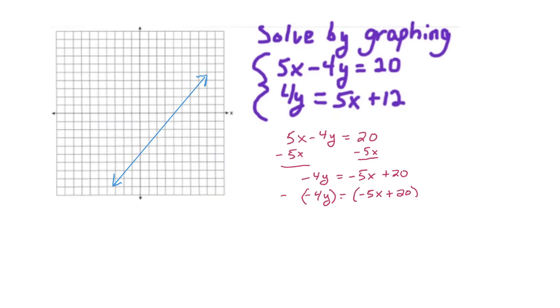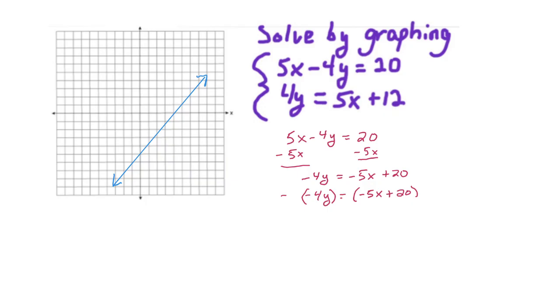And then I graph the other line, which has a y-intercept at (0, 3), also going up 1, 2, 3, 4, 5, and over 4.